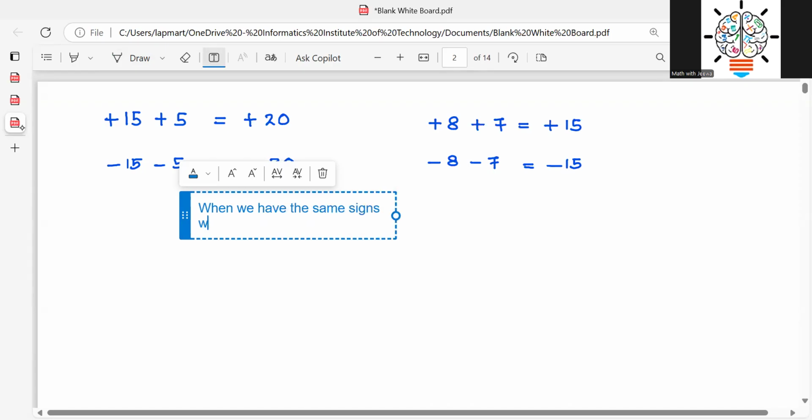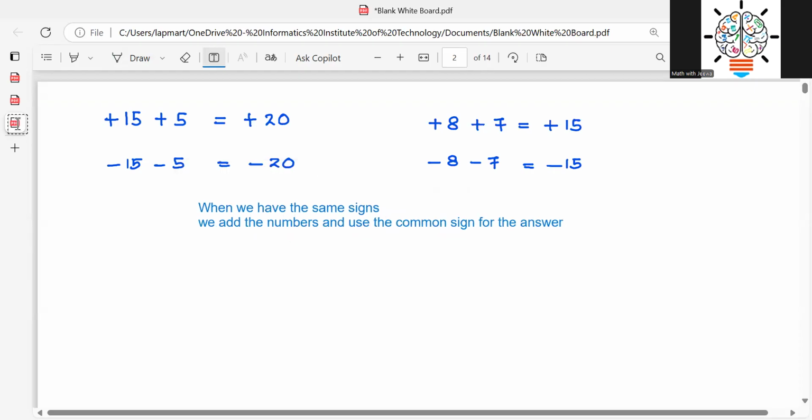We add the numbers and use the common sign for the answer. 15 and 5, it is 20. 8 and 7, it is 15. So you just add the numbers and you use the sign which is common for both these numbers.